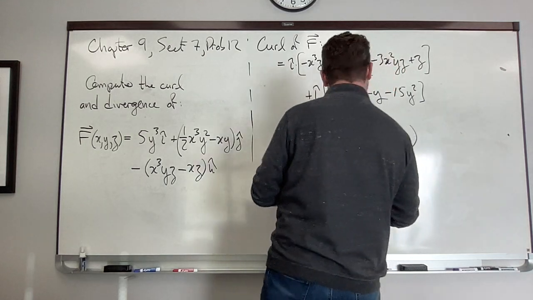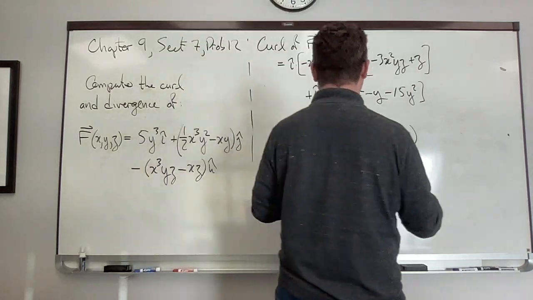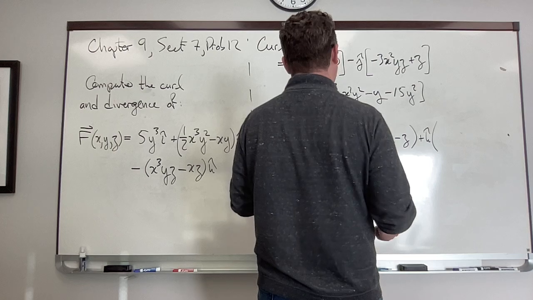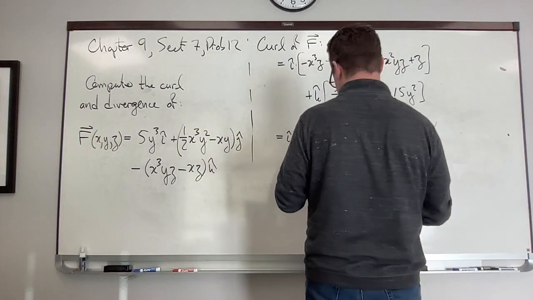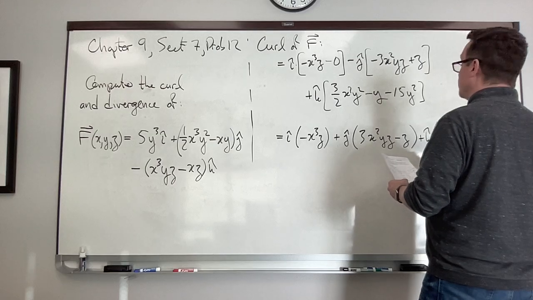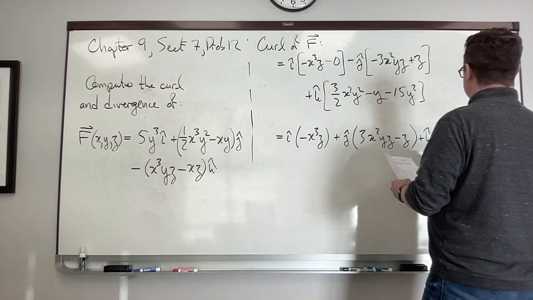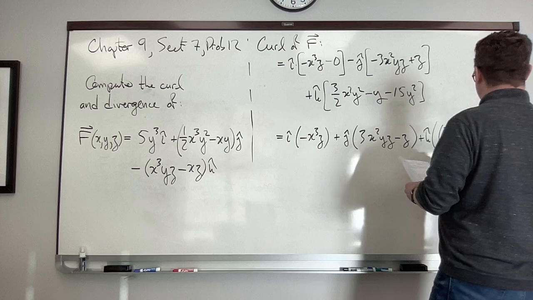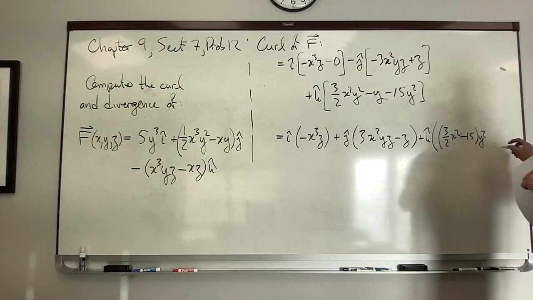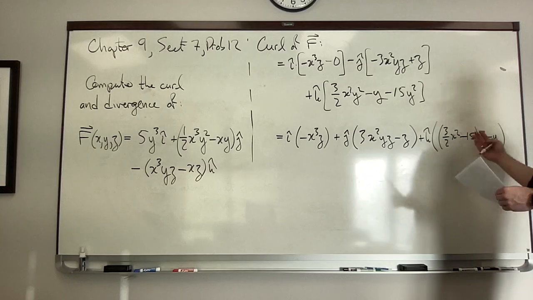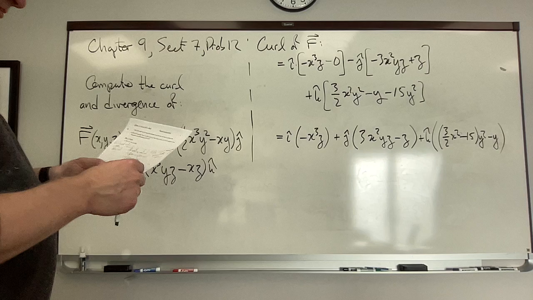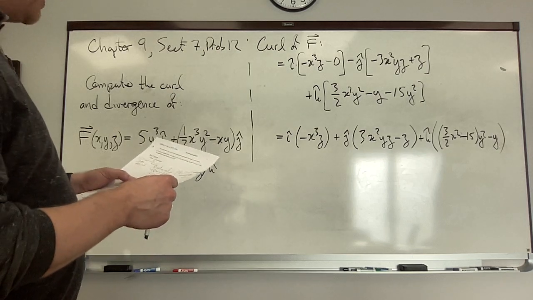Not sure that was really worth doing, but whatever. And then plus k. I guess you could take a y squared out of part of this. I think I did that in the solution. So you could go 3 over 2 x squared minus 15 y squared minus y. Is that necessary? It's not necessary, but it's not wrong. Okay. And let's check here. And that's it.